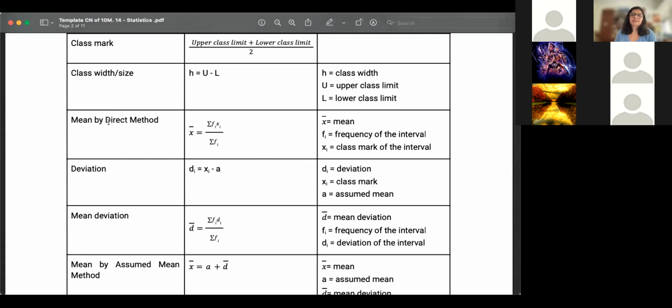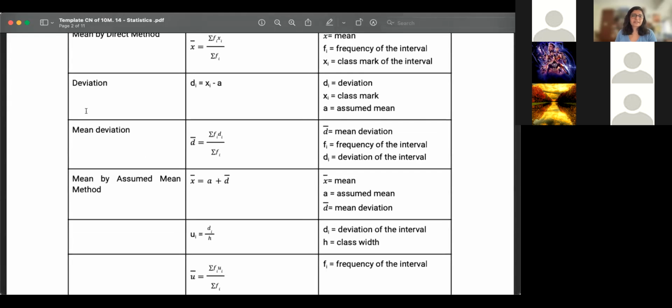So you have the direct method, and you find something called deviation, and then you have the assumed mean method. They're just alternate methods of finding mean, with some extra steps involved.